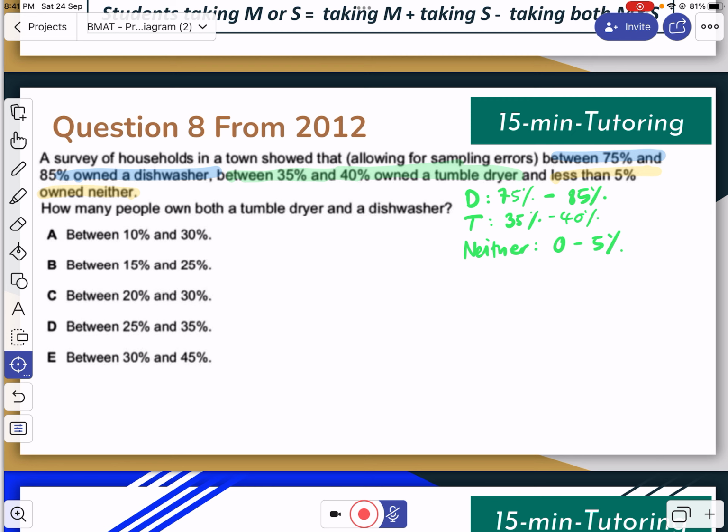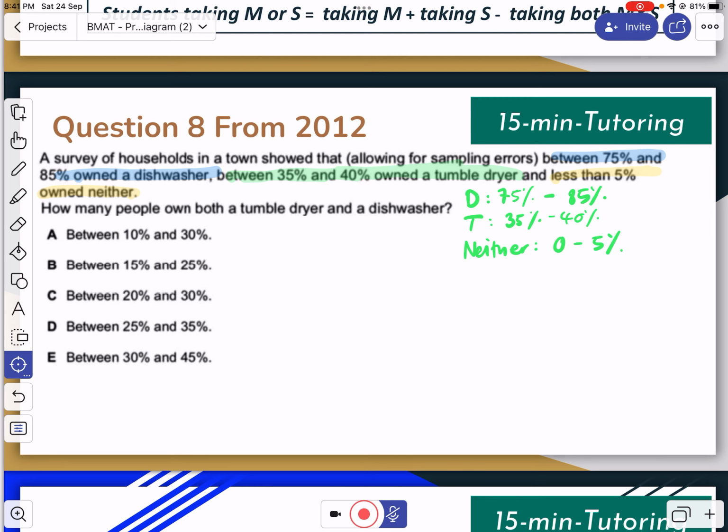So here is what we are going to do with this question. We are going to calculate a lower bound, that is the lowest number of people who own both appliances. And we are going to separately calculate an upper bound, that is the highest number of people who own both appliances.